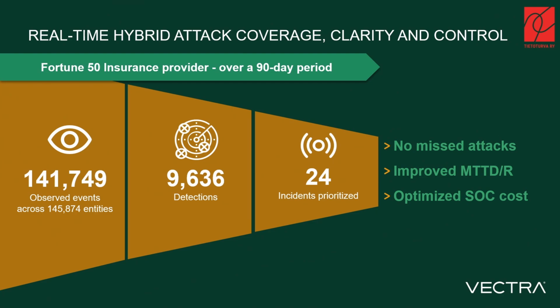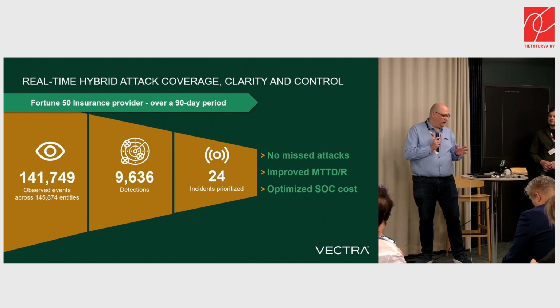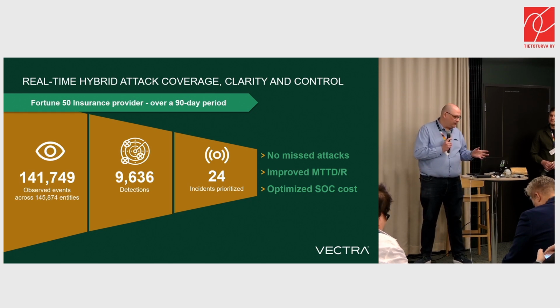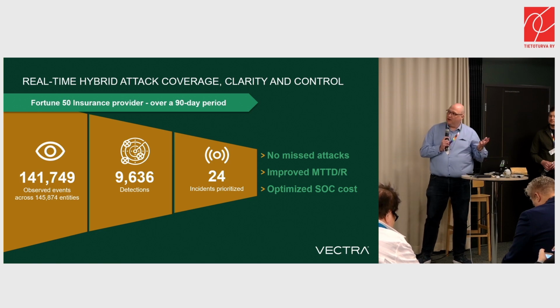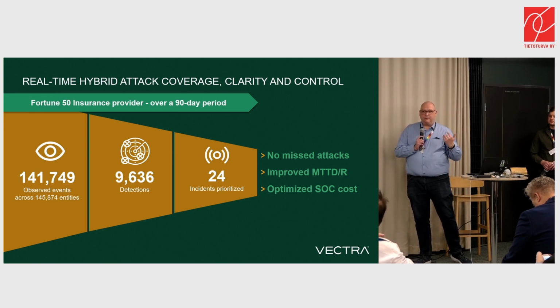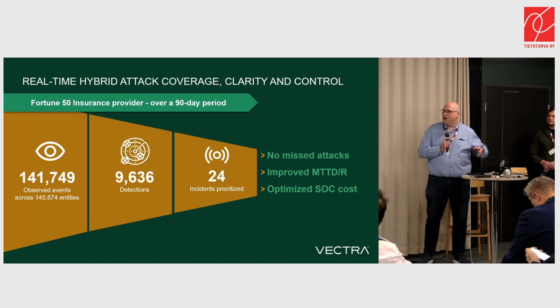A quick example of the efficiency of the tool is from a large insurance provider in America, where we observed almost 140,000 different events over a 90-day period in their environment. Out of this, the AI triage automatically removed 60,000 of those detections as noise, as normal for this environment.